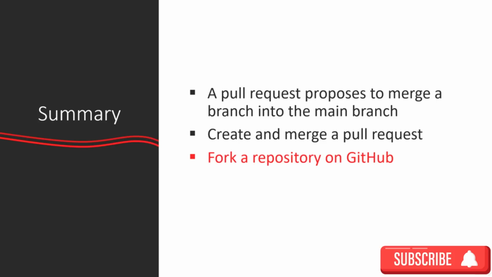It allows you to create a pull request for someone else's repository. Alright, so now you learned how you can collaborate with other developers on GitHub by using pull requests. Now you have a foundational knowledge of Git and GitHub. In the next clip, let's discuss what's next for you.